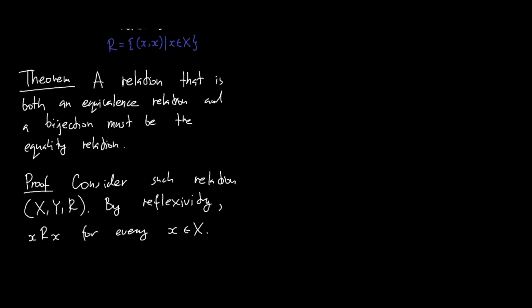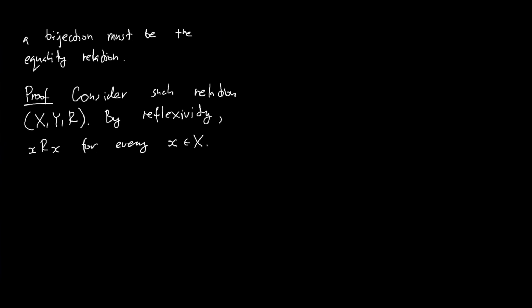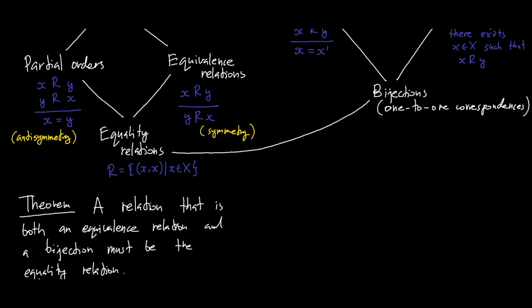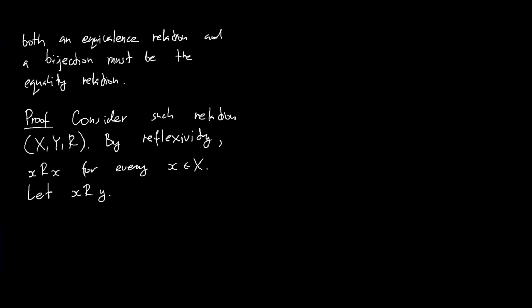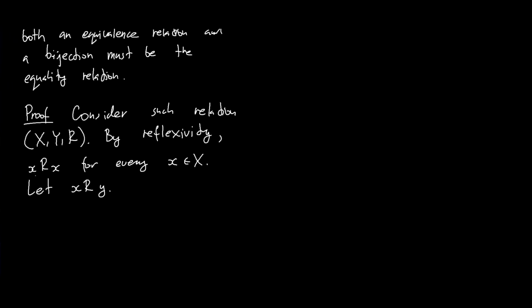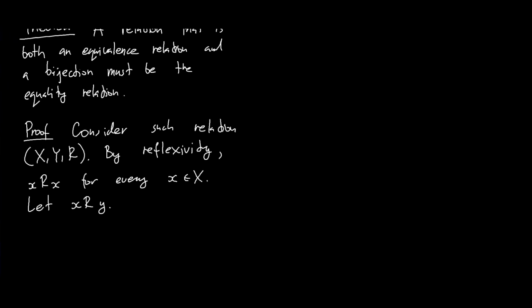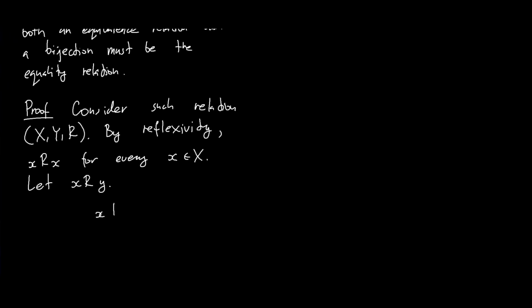Now we want to prove the opposite, that if something is related to something, they must be equal. So let x be related to y by r. And this is where we use maybe the bijection property. We already know x is related to x, right? And now x is related to y as well.